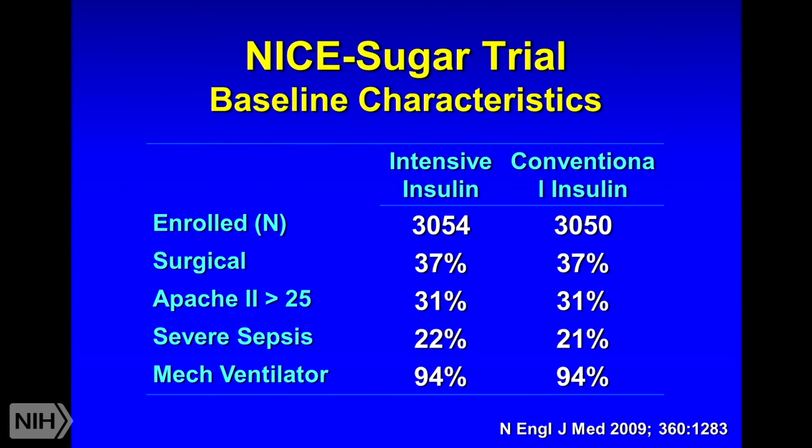You can see they enrolled 6,000 patients, 3,000 in intensive and 3,000 in conventional control. These were surgical patients, 37%. This means that 31% were very sick, 21% had sepsis, and most of them were on mechanical ventilation.